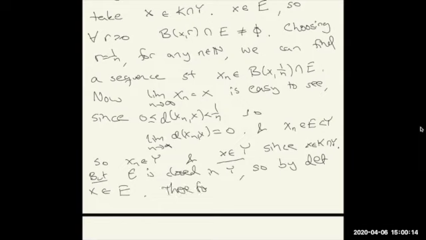Therefore, K intersect Y is a subset of E, and this concludes the proof.